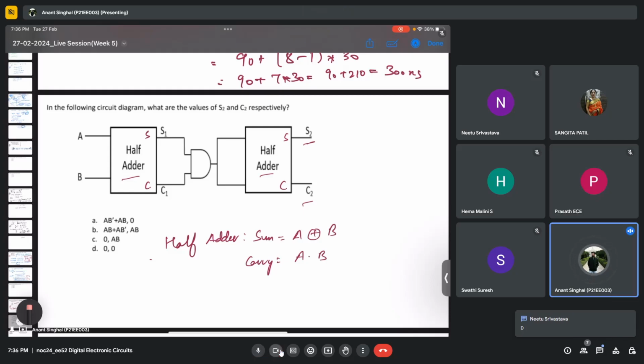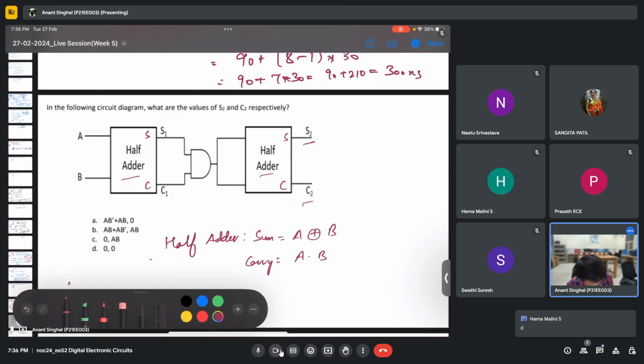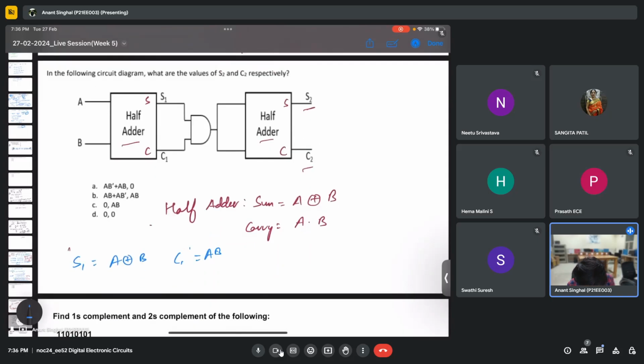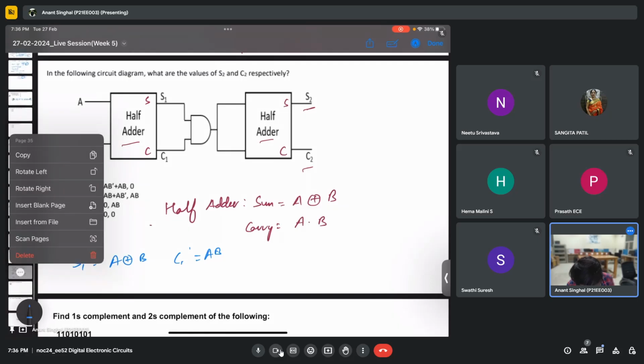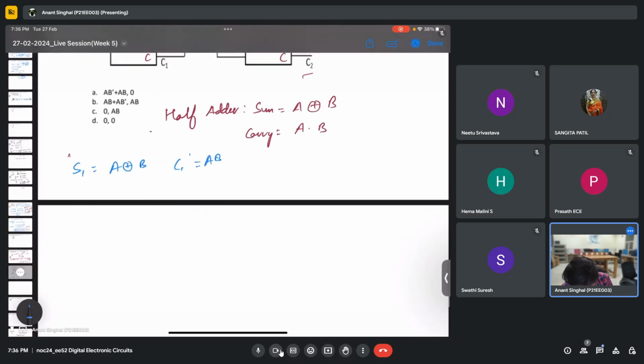Okay, so I've already got a D. Let's calculate. This is very easy. I have A, B here. S1 will be A XOR B and C1 will be AB. Both are getting the same input, the AND combination of them. The input to the second half adder is (A XOR B) times AB, which will be (A B complement plus A complement B) times AB, so 0 plus 0.